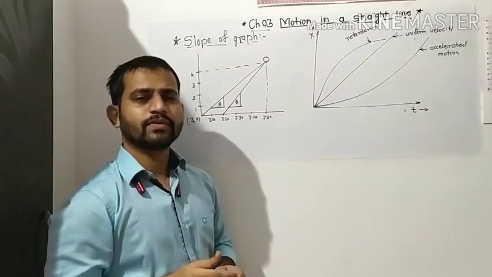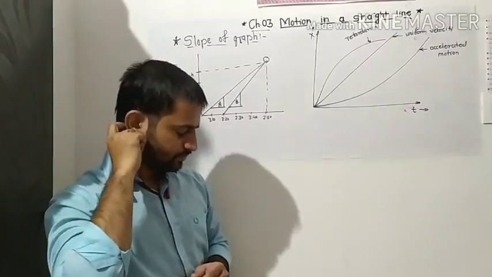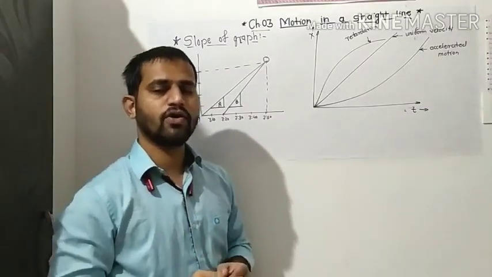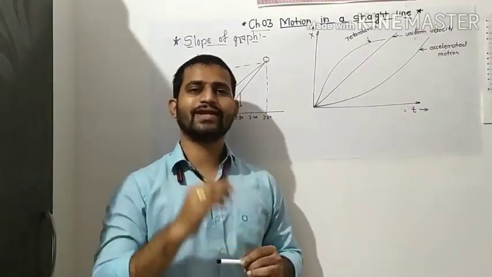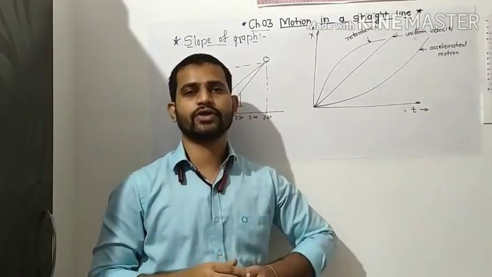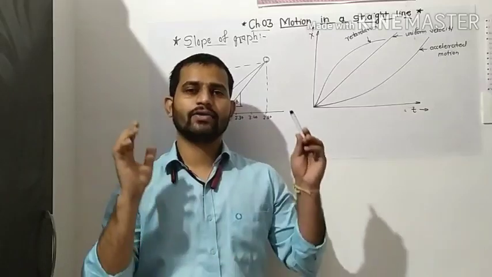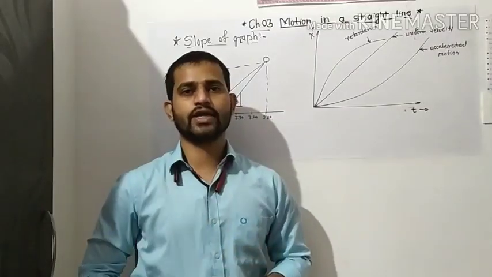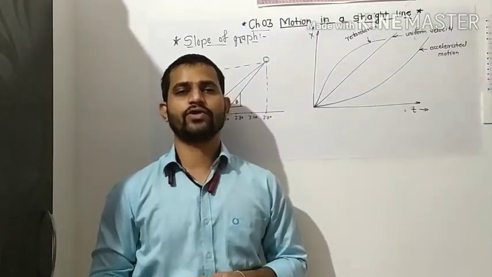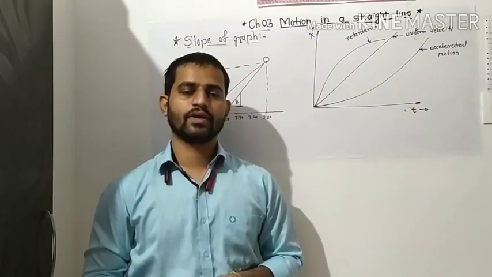Then suppose we throw a ball in an upward direction and it gets stuck at that particular height. Suppose we throw a ball and it gets stuck on the terrace, then how can we draw the graph for this?